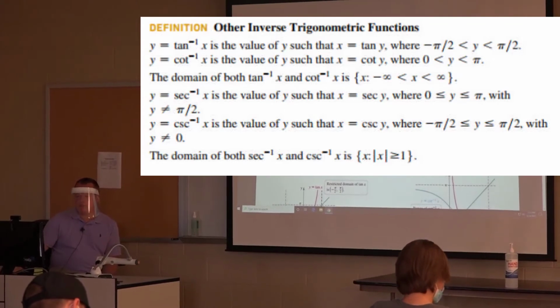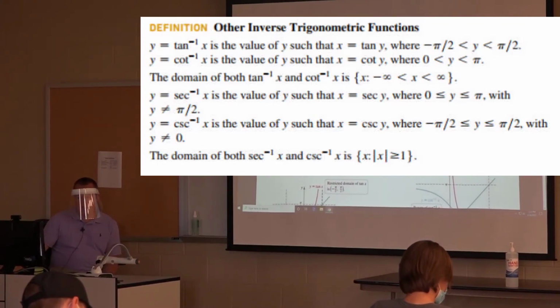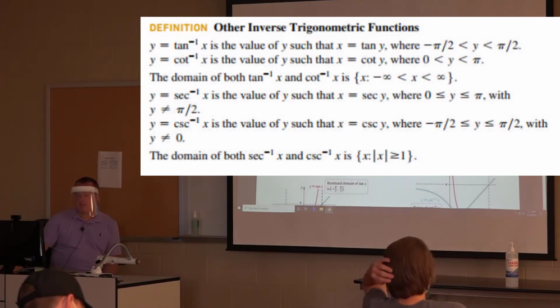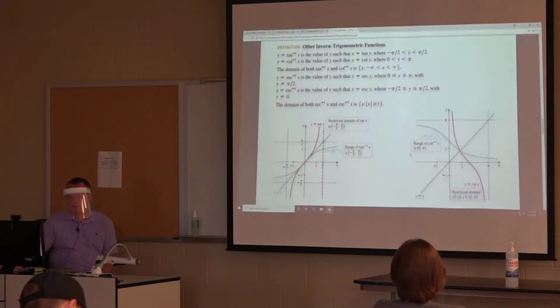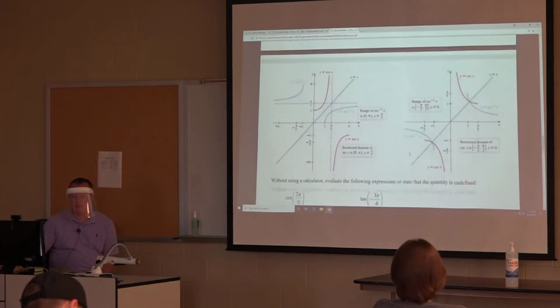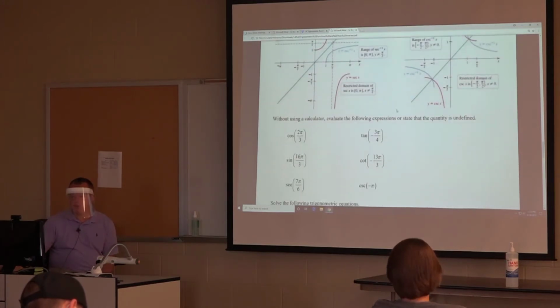Inverse cotangent is 0 to pi, inverse secant 0 to pi, and inverse cosecant negative pi over 2 to pi over 2. So cotangent does not match tangent, but secant matches cosine and cosecant matches sine. So there you go. Any questions? There's the graphs of those. You can pull those up and look at them.